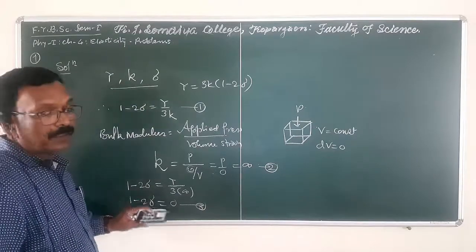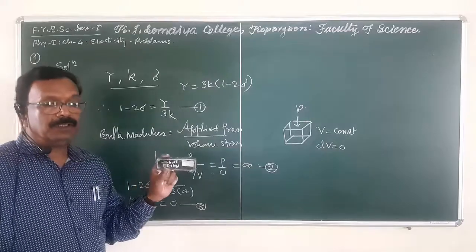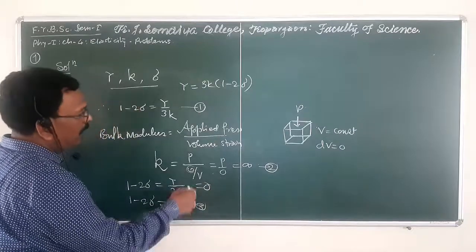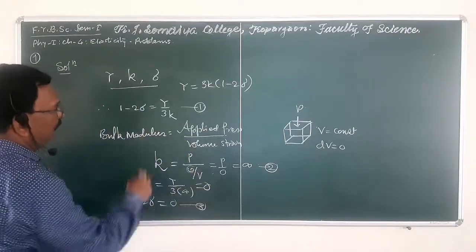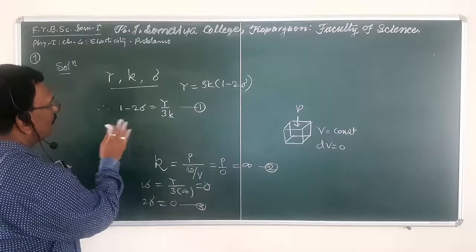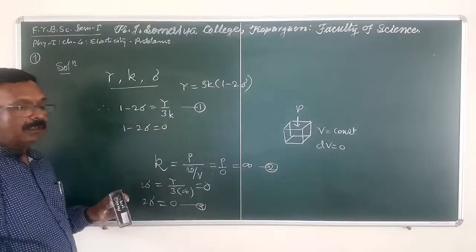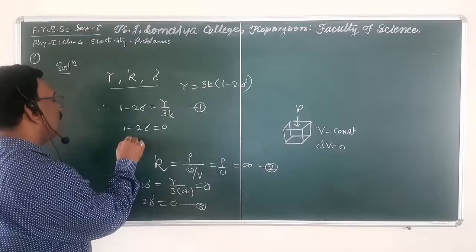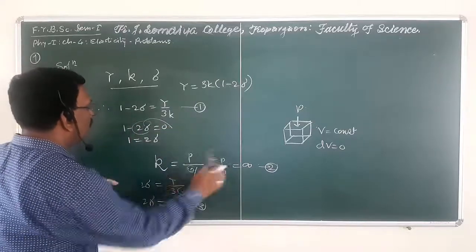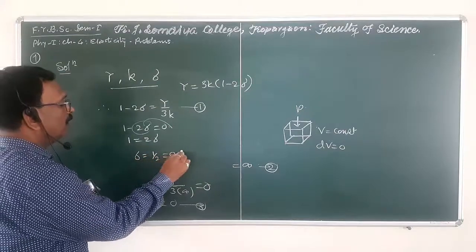Now from equation 3, we have 1 minus 2 sigma is equal to 0. When 1 minus 2 sigma is equal to 0, we have 1 is equal to 2 sigma. Take this side toward this side, or simply we have sigma is equal to 1 by 2, which is nothing but 0.5.